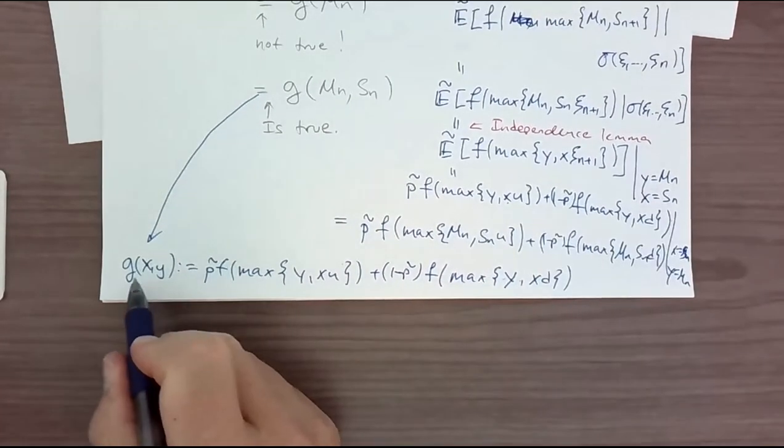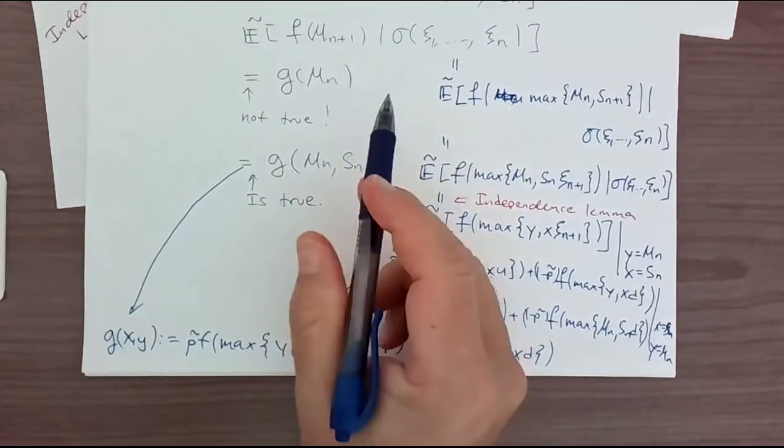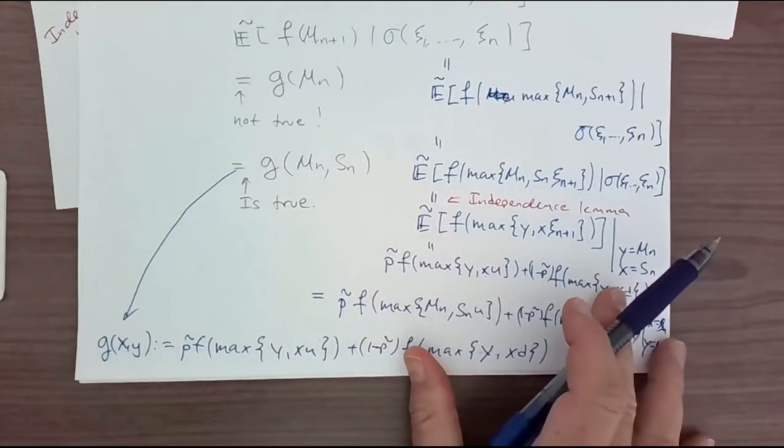So you need two arguments here. You won't be able to write it just as a function of Mn.